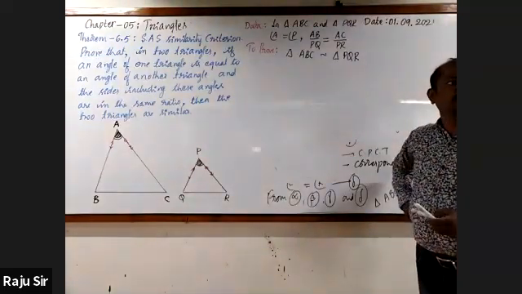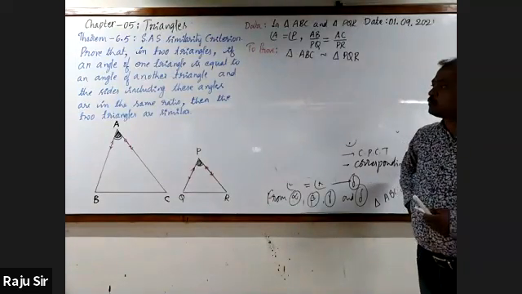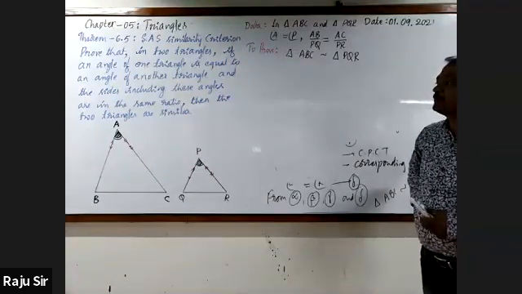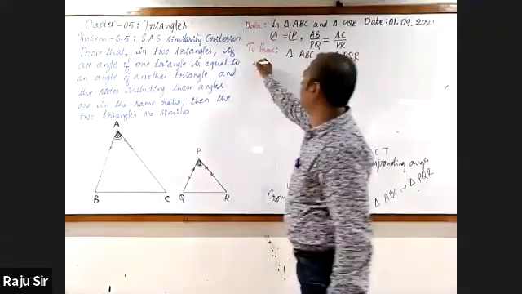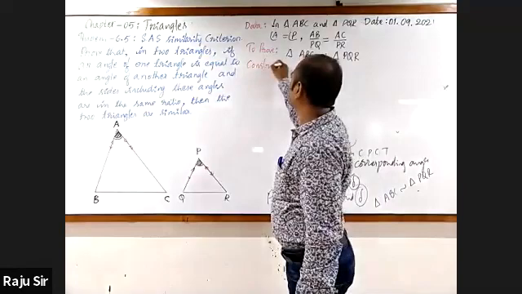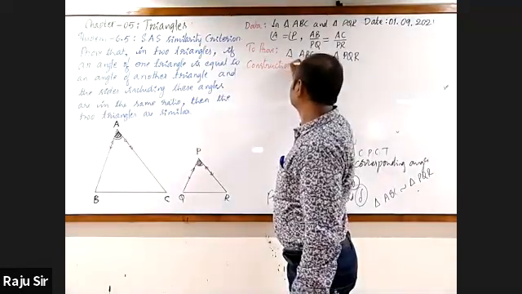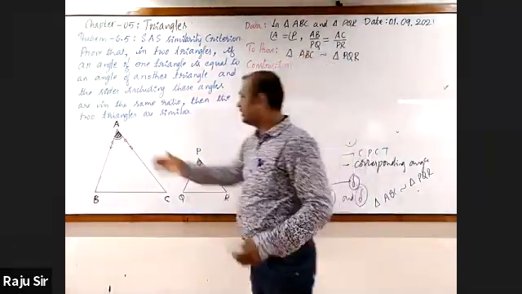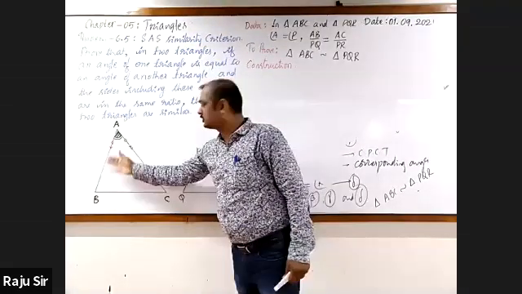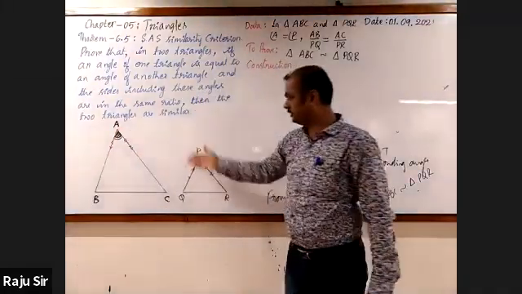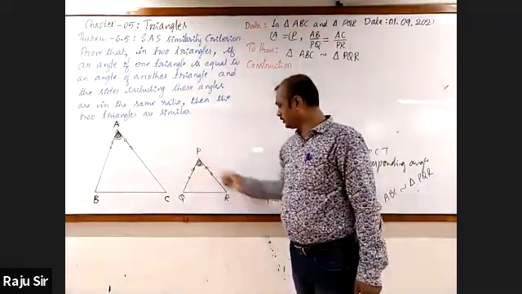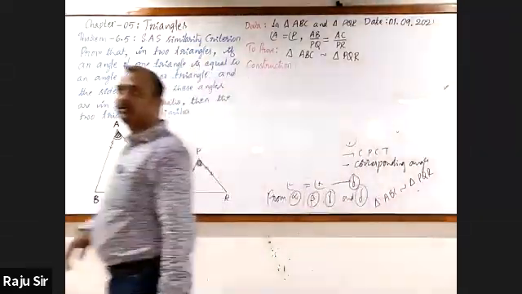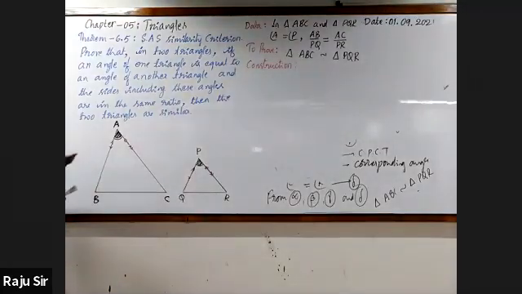How to prove? Construction. What is that construction? Let us mark the point M on AB, N on AC, such that AM equal to PQ, AN equal to PR, and join. The construction is the same for all the three.